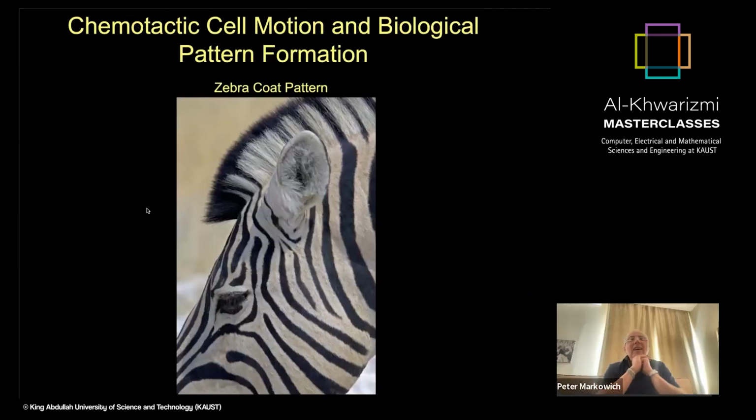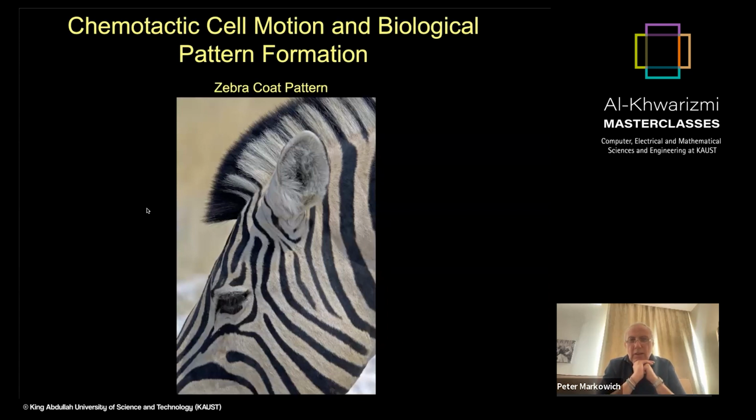Okay, now I want to show you another example application, that is chemotactic cell motion and biological patterns. I mean, you've all seen a zebra, right? And you might have wondered, how is this pattern in a zebra formed?